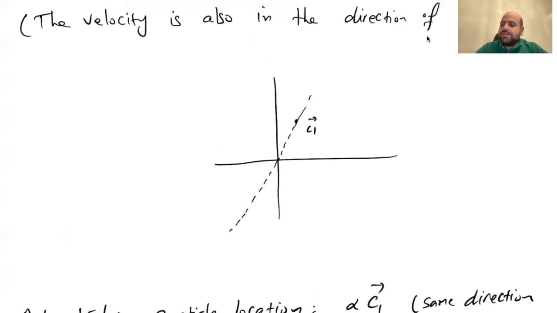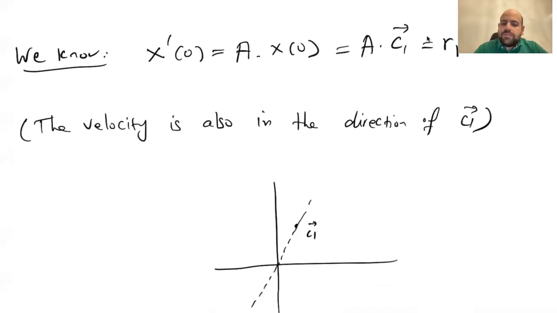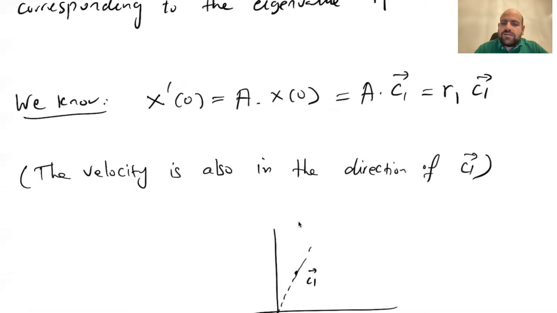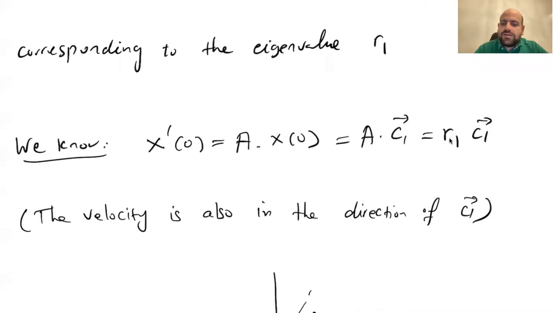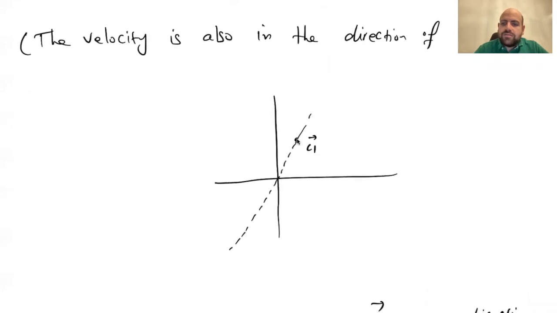If R1 is positive, then velocity at this moment, because the velocity is R1 C1, so if R1 is positive, velocity will be positive. So velocity will be in this direction, getting far from origin. After some time, again, because R1 is positive, velocity will still be in the same direction, getting far from origin. So the particle gets farther and farther from origin, and it's going to move along this line farther and farther from origin.